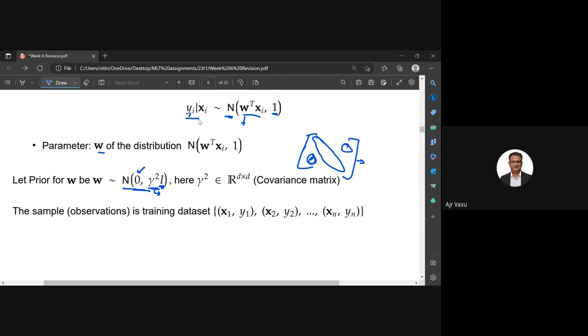Sir, basically the diagonal entries are the variance of each of the features, correct? Just to make it the variance, we are multiplying it with I, the identity. And sir, why are we assuming that the rest of them are zero? Because there is no covariance between features.